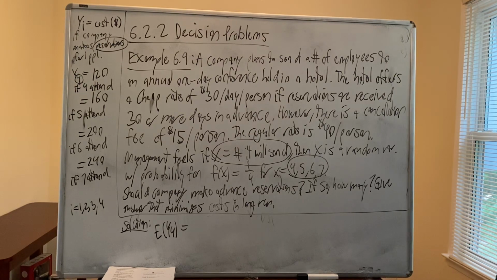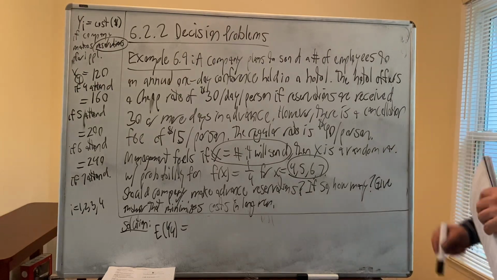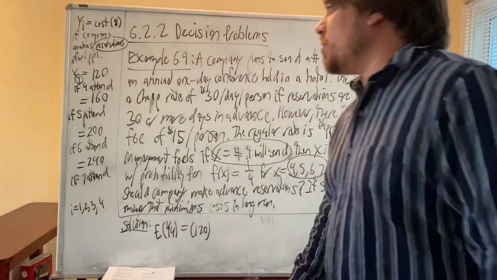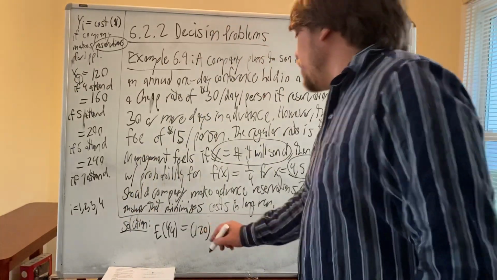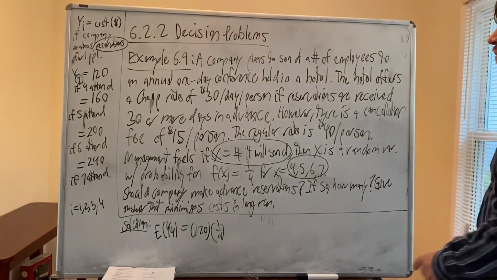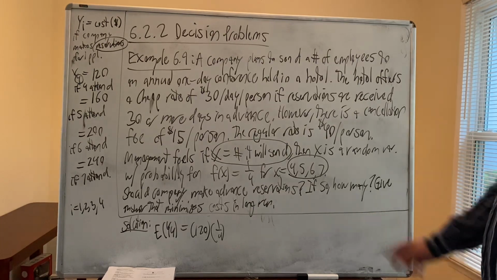So if 4 people attend, it costs the company $120, and there's a 1/4 probability, because the possible number of people attending is 4, 5, 6, or 7.